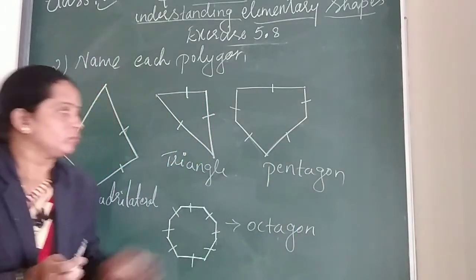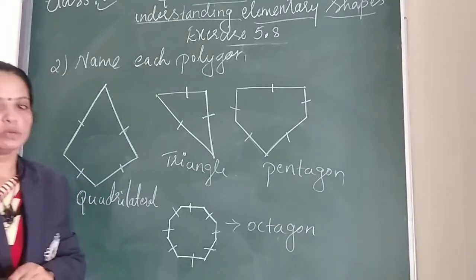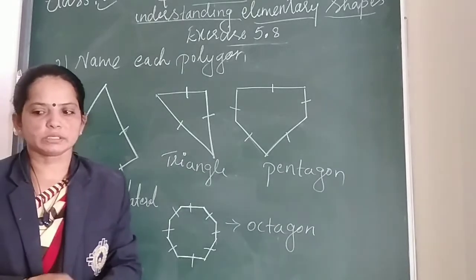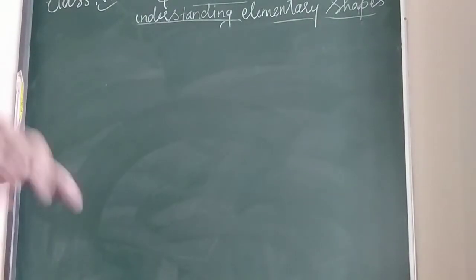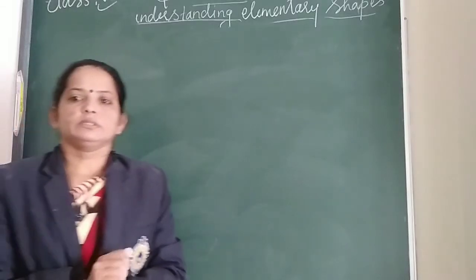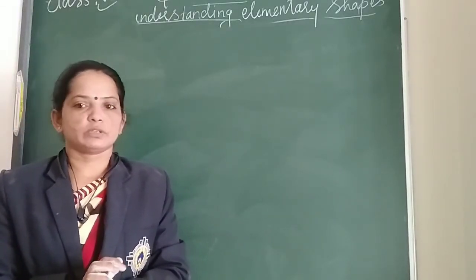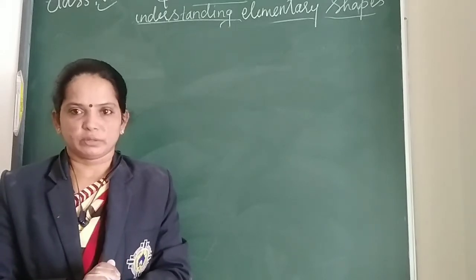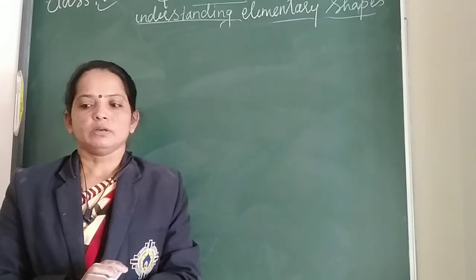So now, based on sides, we learned the types of polygons. Next, we move to the solid figures. In the previous class, you learnt about two-dimensional figures and three-dimensional shapes. What do you mean by two-dimensional shapes?